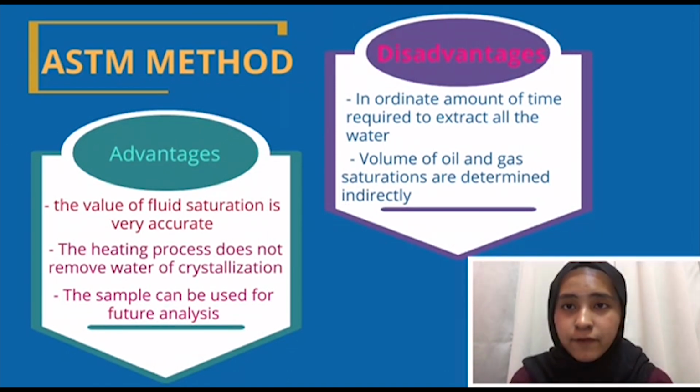And the disadvantages are more time is required to extract all the water, and the oil saturation is determined indirectly by knowing the weight of core sample before the test, the weight of the dry sample after the test, and the weight of the extracted water, so we can determine the oil saturation indirectly.